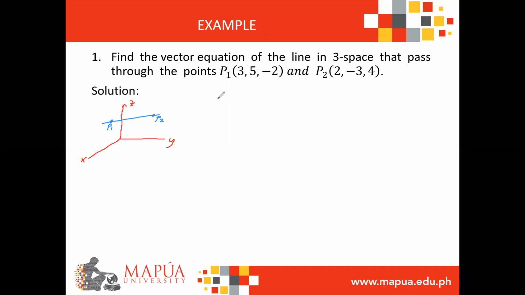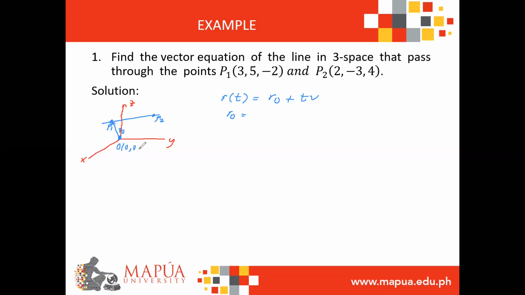The vector equation of the line L has the given formula r of t equals r sub 0 plus tv. So let's define r sub 0. r sub 0 is the vector formed from the origin connecting it with P1. So this is your vector r sub 0. It will have components equal to the difference of the terminal point P1 and the initial point at the origin.